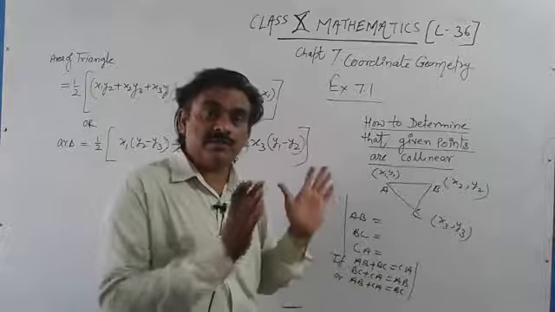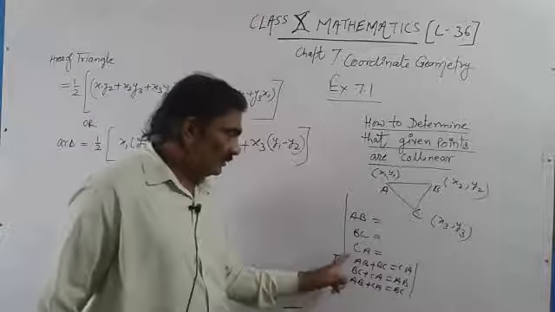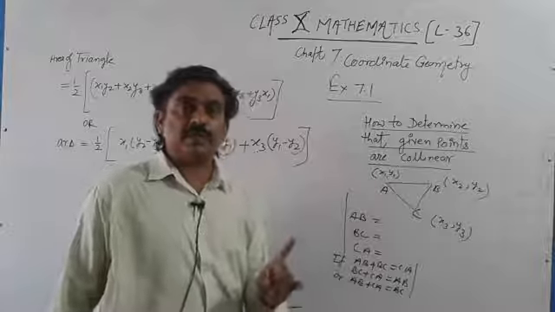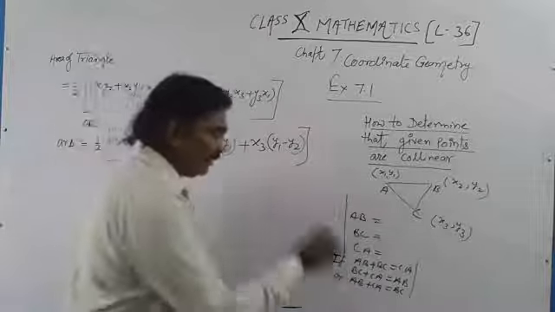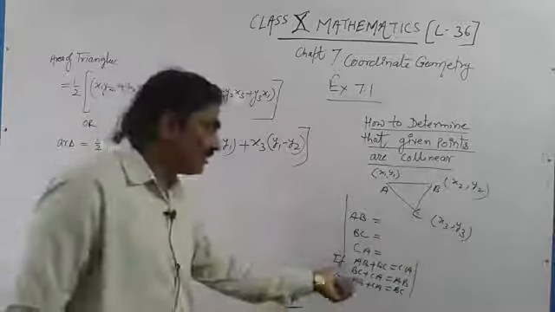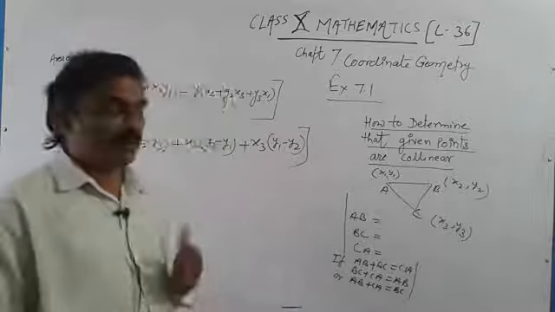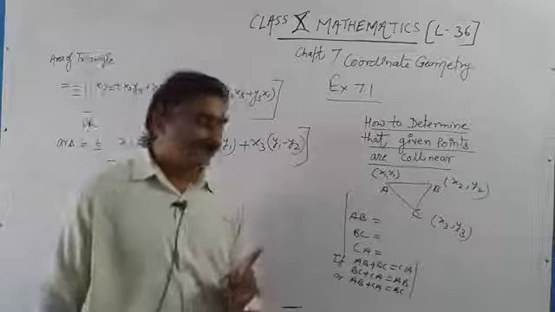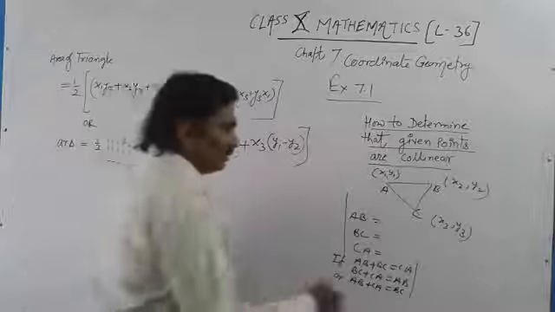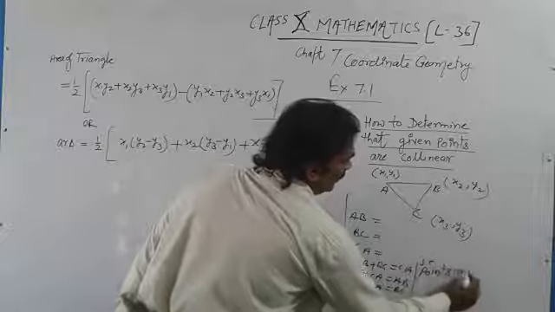We don't know whether the points are collinear or not, but if after finding the distances between 2 points like AB, BC, CA, the sum of any two sides is equal to the third side, sometimes AB plus BC or BC plus CA or AB plus CA, it means the points are collinear.